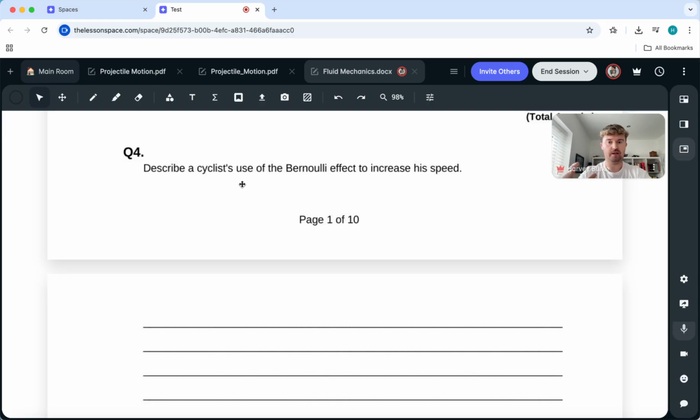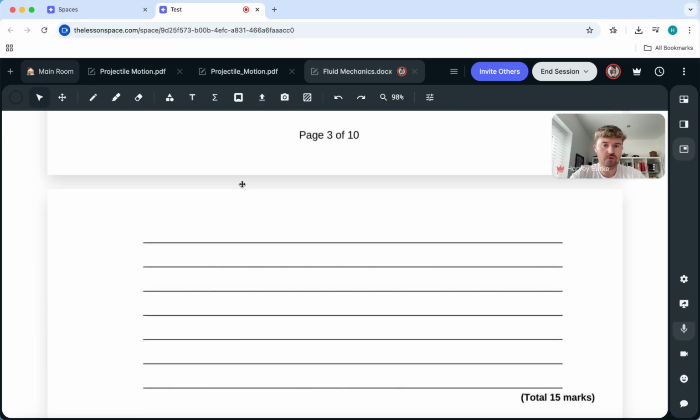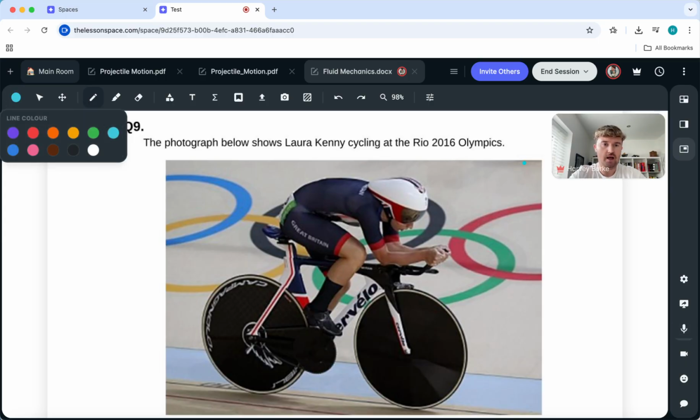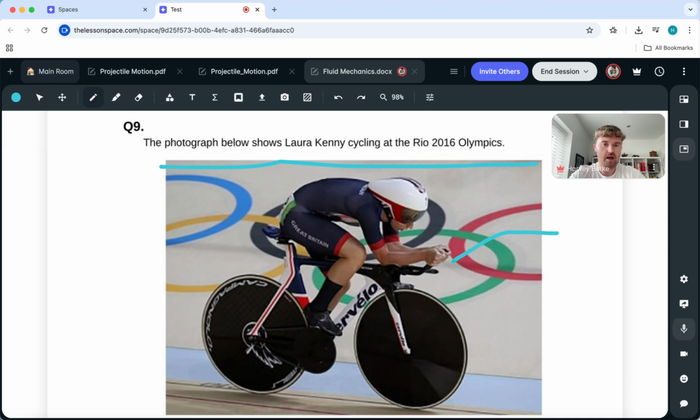So now I'm thinking, okay, this is going to be a downforce question. If we just draw it onto the cyclist first, so you can visualize this, you've got flatter air traveling over the top of them, and then you've got air being channeled underneath the bike.